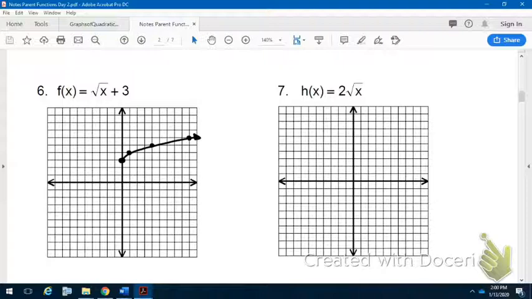When you have the vertical shift up 3 units. The number in front, this 2 in front here, is a stretch by a factor of 2. So there's no left, right, up, or down, so I start at the origin. But instead of going up 1, I'm going to go over 1 and up 2. You multiply your y values times 2.